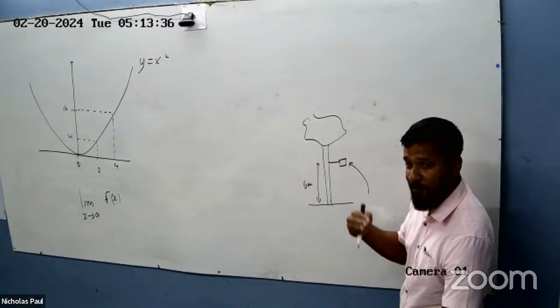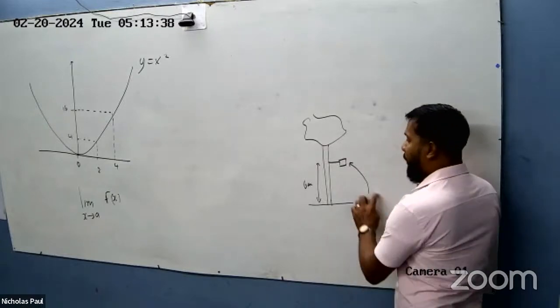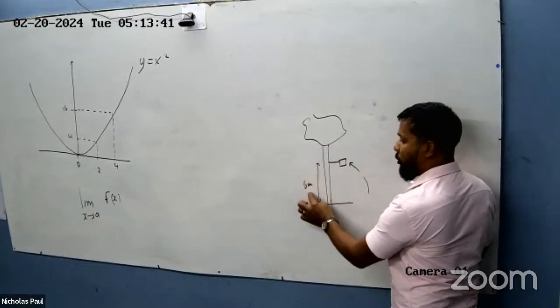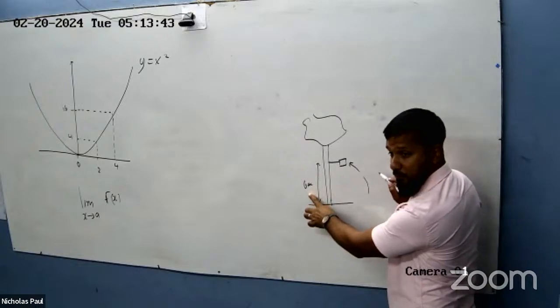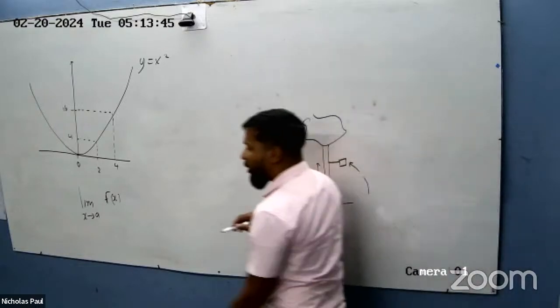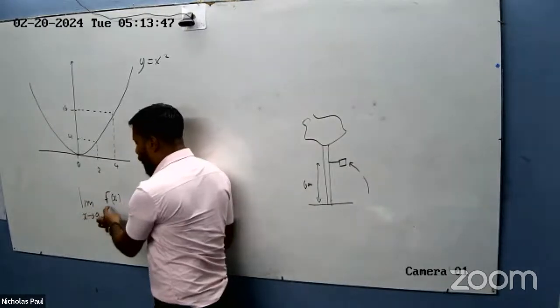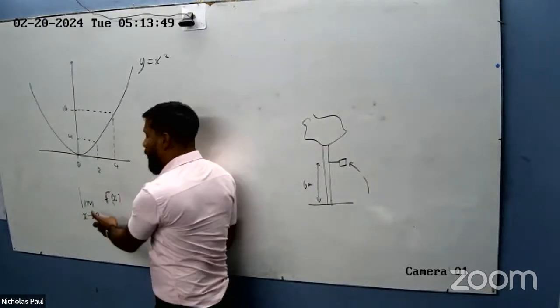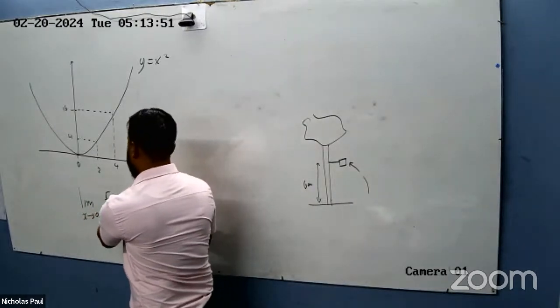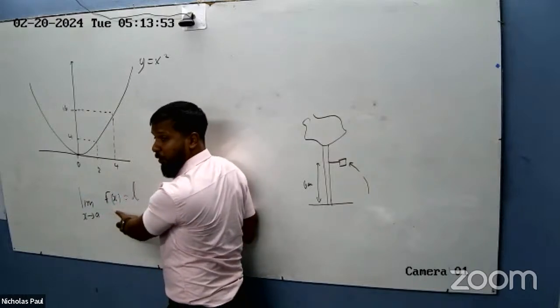And that's the concept of a limit. As we approach the fruit, the height we are approaching is 6 centimeters. Are you okay with that? So that's the concept of a limit. As you approach some value, you want to know what the function approaches.